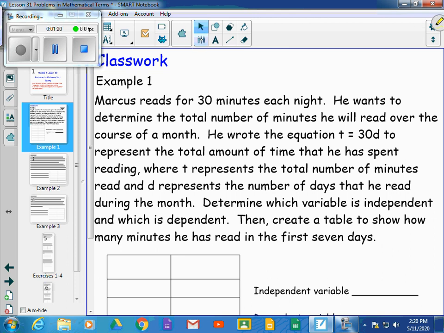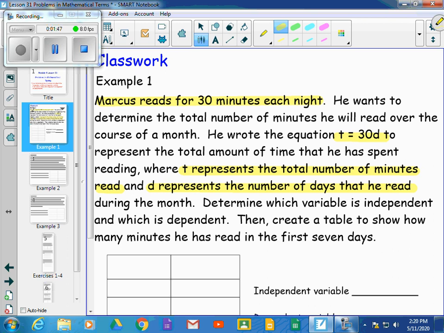Now I'm going to start by focusing on the information that was presented. We know that Marcus reads for 30 minutes each night. He represents this situation with T equals 30D, where T represents the total number of minutes that he reads, and D represents the days that he reads during the month.